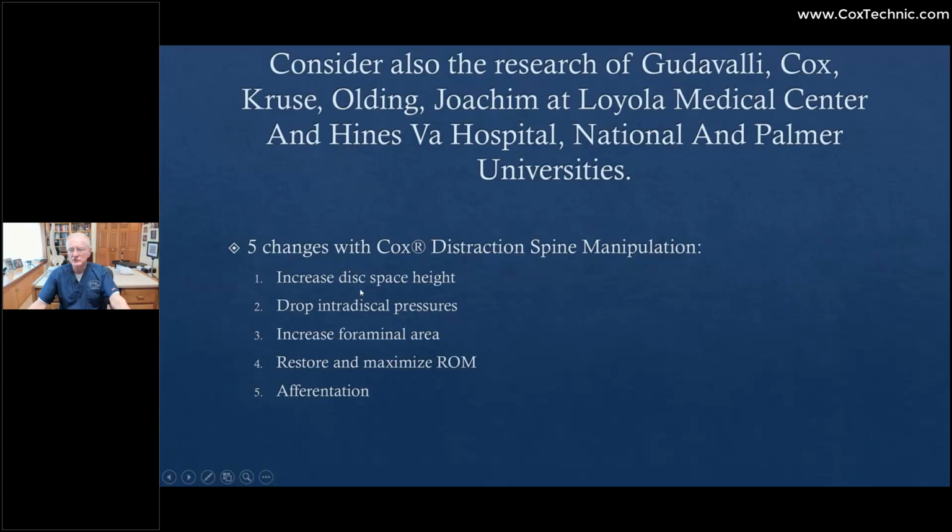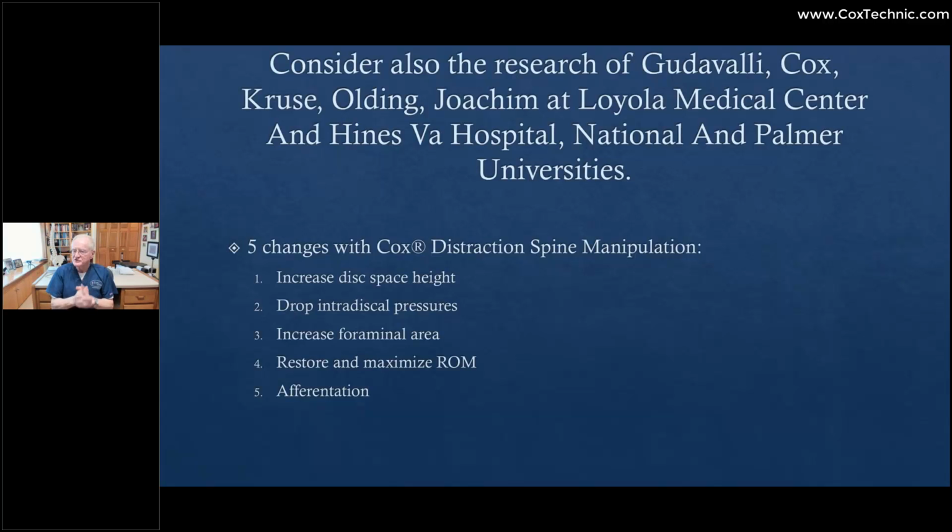Number 1, we increased the disc space. 2, we dropped intradiscal pressures. Now, if you remember, and I'm not going to go into it today, but I will summarize the study, a published study on cervical spine intradiscal pressures.